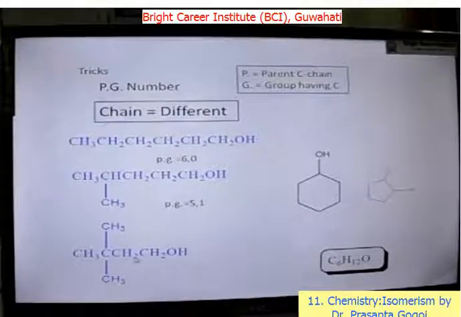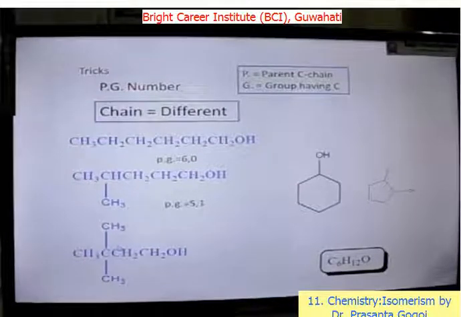And in the last example, the OH group is directly attached to this carbon, so counting it as number 1, 2, 3 and 4. The parent carbon chain is 4 and 2 carbon substituent groups are present, so its PG number is 4, 2. You can see that all PG numbers are different, so it is called the chain isomer.